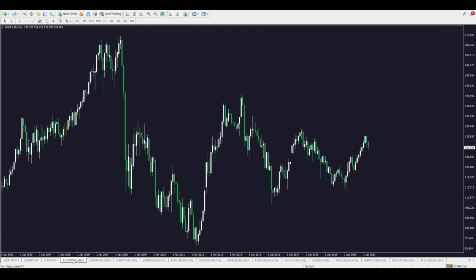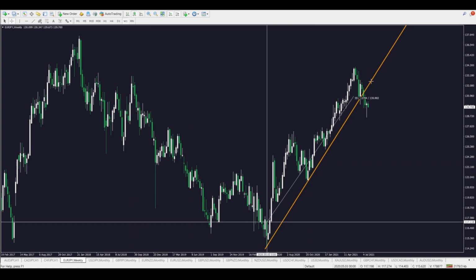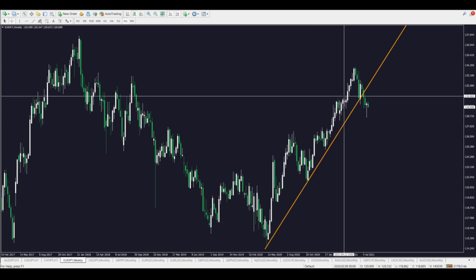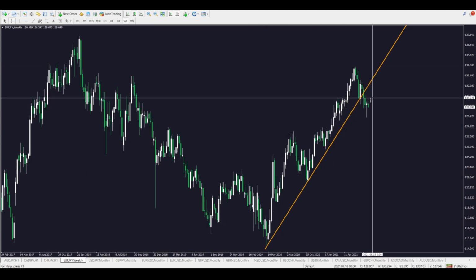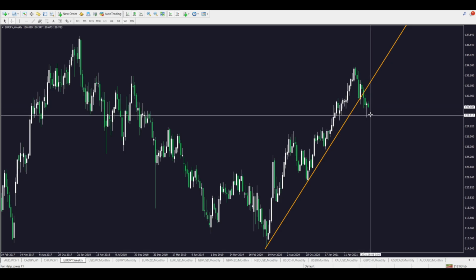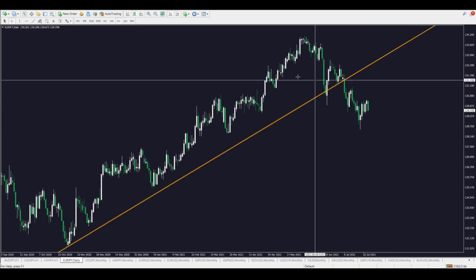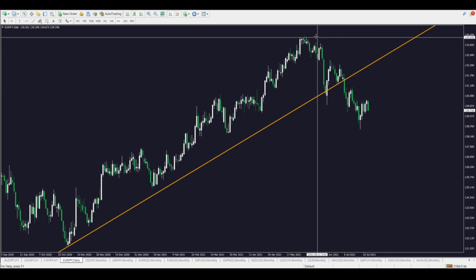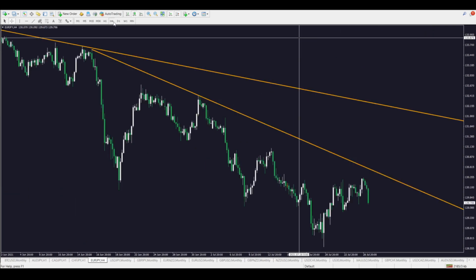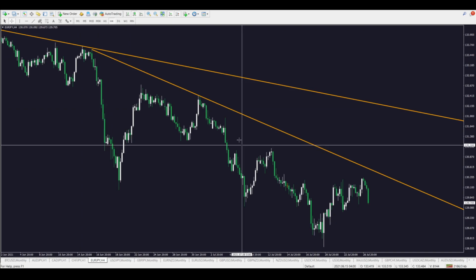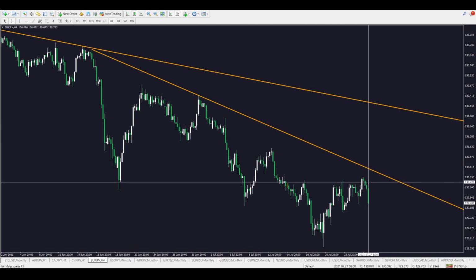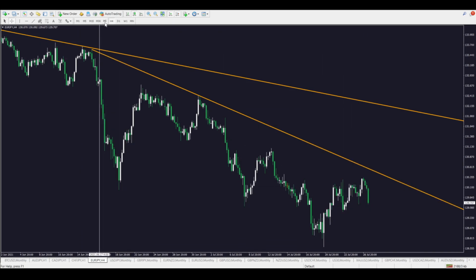So this is EUR JPY monthly, bullish, resistance right about there. Weekly bullish. Price broke the bullish trend line, started going down. So bearish, bearish, H4 bearish, bearish.